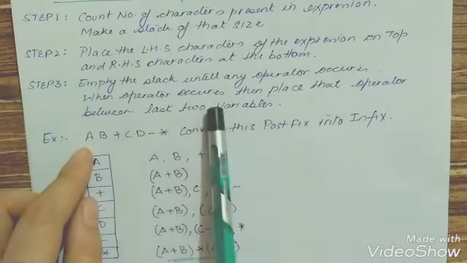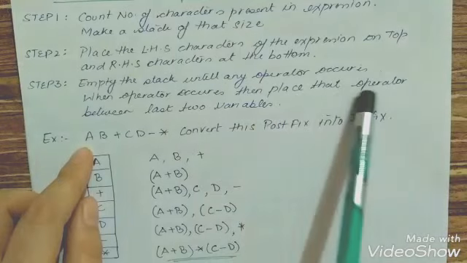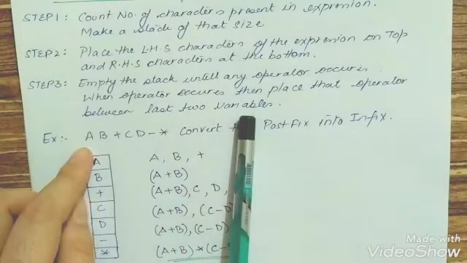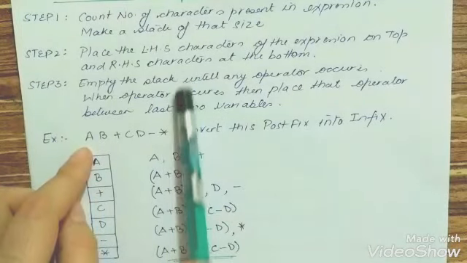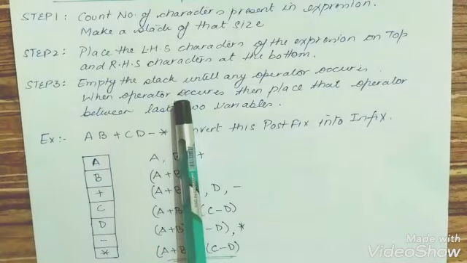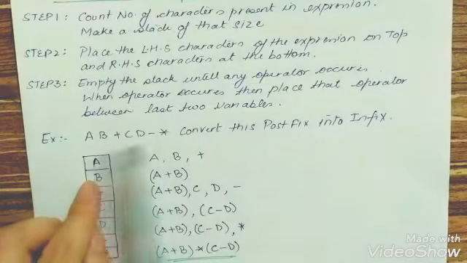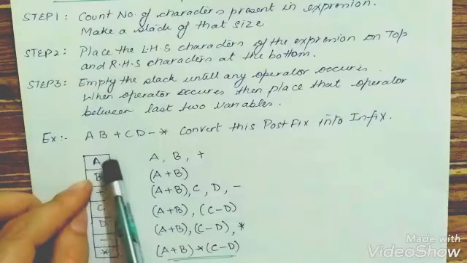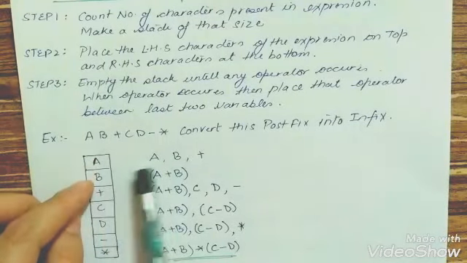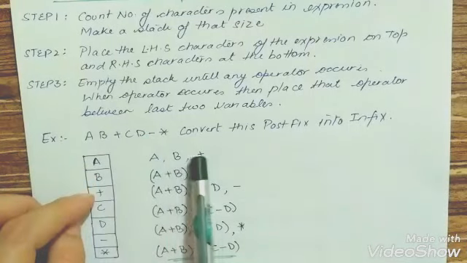When an operator occurs, place that operator between the last 2 variables. So what do we mean by this last step? It means that we have a stack with the elements, and we need to empty it out. So how are we going to do that? We are going to use a pop operation, right? So we have popped our A, B, plus, right?